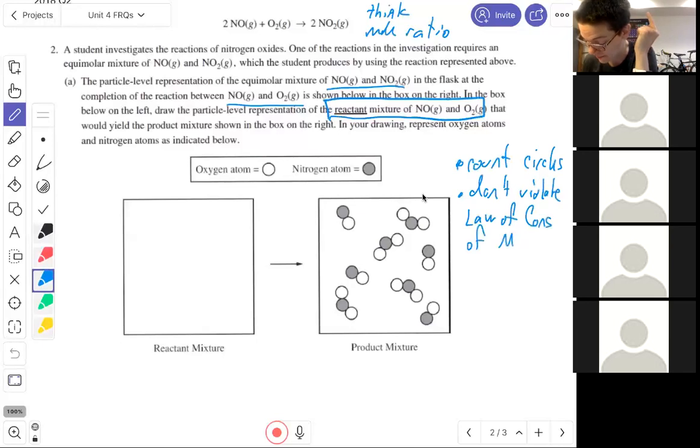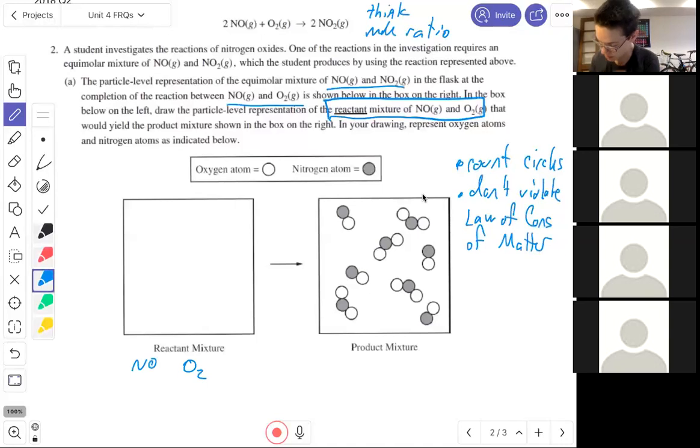If a circle existed on the right, it had to exist on the left. Just make sure you know what it belongs to. So the only things you are allowed to have on the left are what, according to the balanced equation at the top? NOs and O2s. That's all you can have.